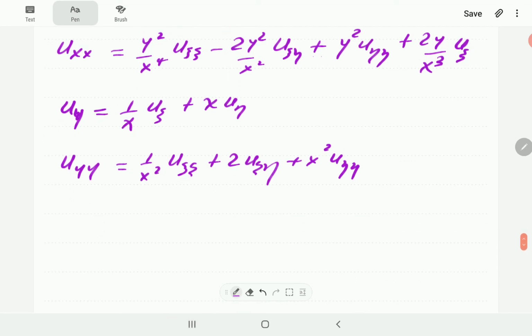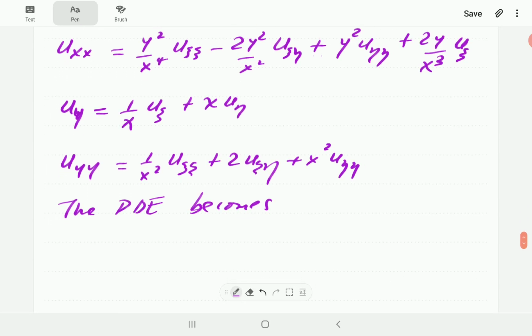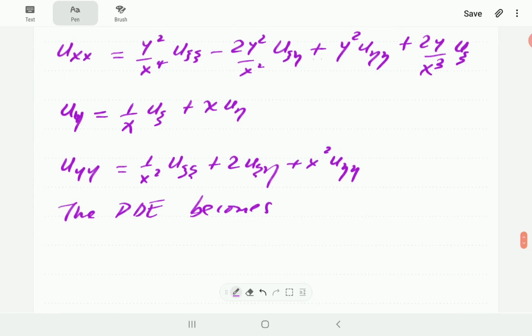So substituting, the PDE becomes, so we simply multiply the first one by x squared. So multiply this one by x squared, multiply this one by y squared, and subtract.